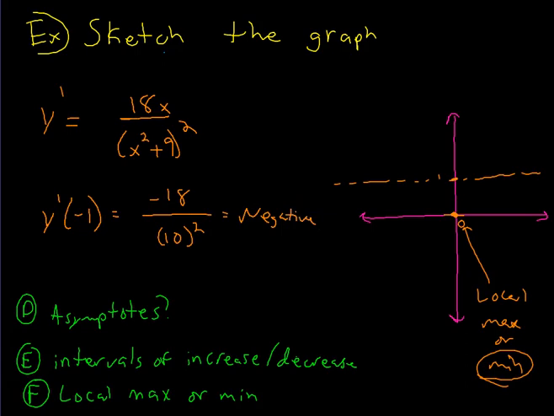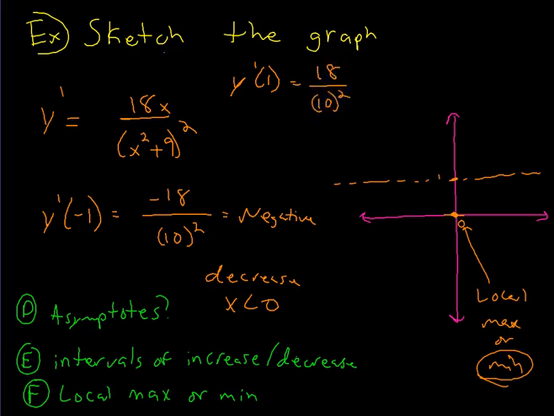So it's decreasing for all the negative numbers, basically when x is less than 0. And if I try a positive number, y prime at positive 1, to the right side of 0, I will get 18 over 10 squared, right?